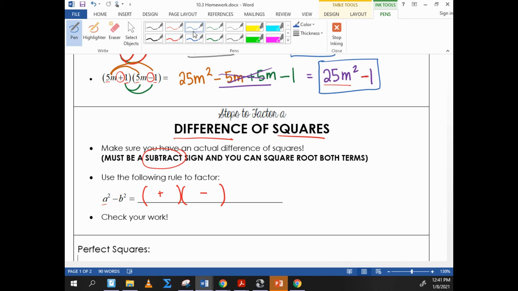And then you just take the square root. The square root of 25 was 5. The square root of m squared is m. So right here, the square root of a squared is just a. Again, you do the same thing with your last term. The square root of b squared is b, so it's going to go right there. And that is the rule. We're just going to use this as our rule every single time. You're just going to substitute different a's and b's in and get it like that.